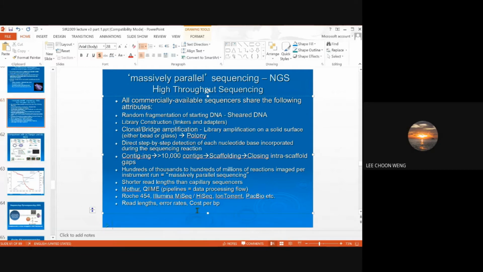Okay, so in UM we actually have this MiSeq, HiSeq, Ion Torrent, and PacBio platforms. We don't have this Roche 454 platform. So they use PacBio mainly for human genome work or full genome work.